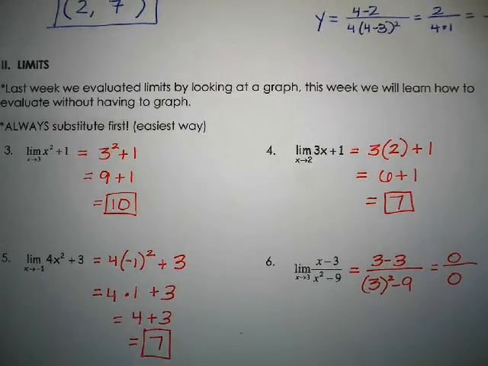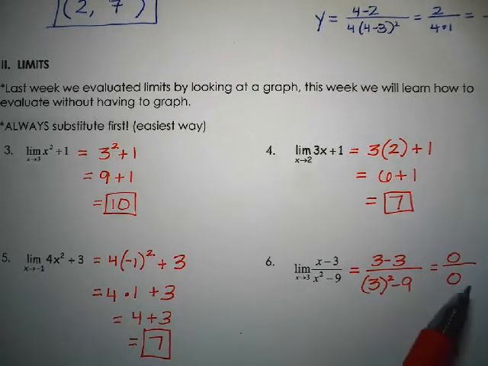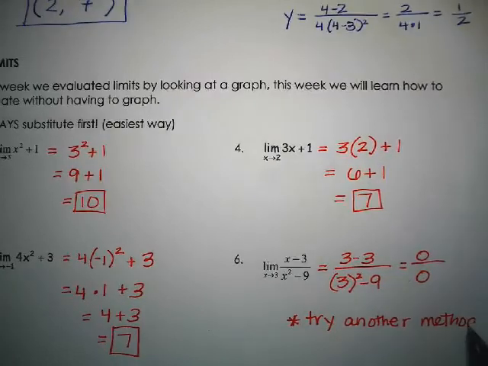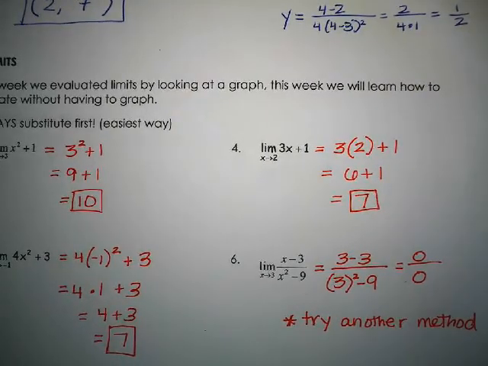So we have a problem because in math we can never divide by 0. When this happens, don't just say, oh, doesn't work, doesn't exist. That's not the case. We have to try another method. If you ever end up with a 0 in the denominator, you want to try another method.